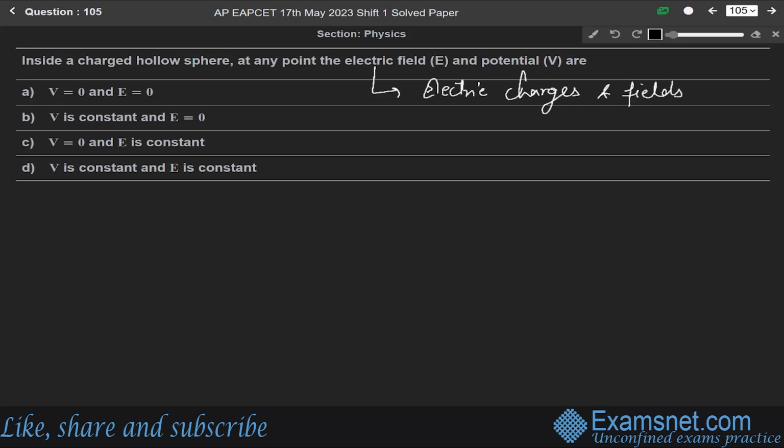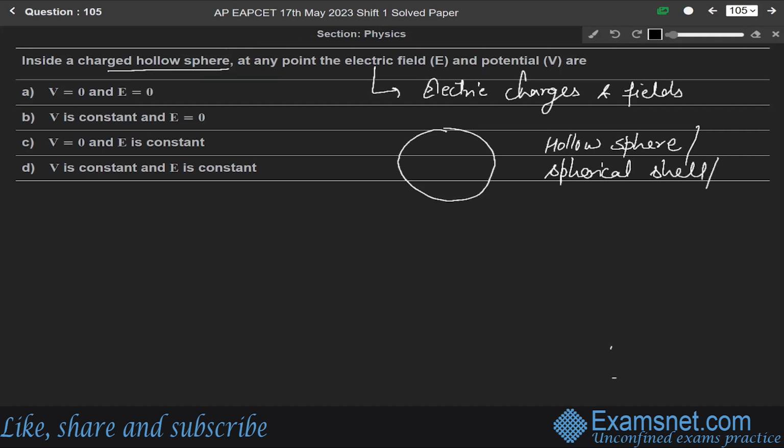Since it is asking about a charged hollow sphere, or a spherical shell, or a conductor, for these three cases the electric field E will be 0 inside the hollow sphere.